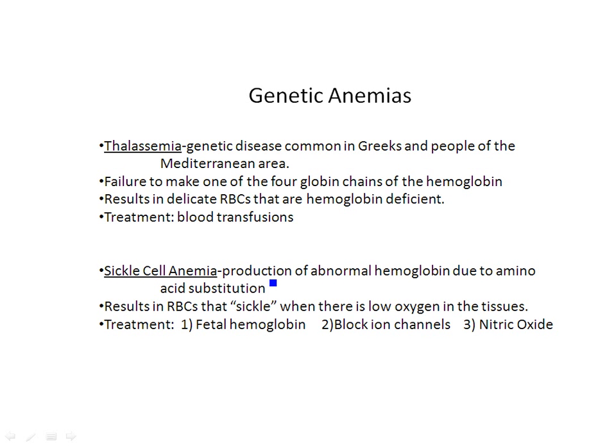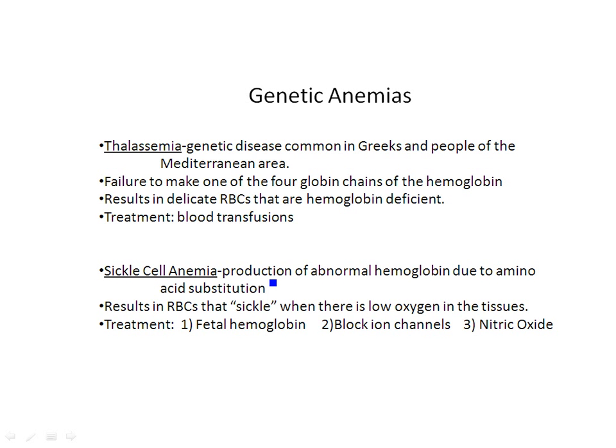Another genetic anemia is sickle cell anemia, and I don't want to talk a whole lot about this because there's a case study that you'll probably be required to do. But basically, in sickle cell anemia, it's the production of abnormal red blood cells due to an amino acid substitution in some of the chains of that hemoglobin, the globin part.